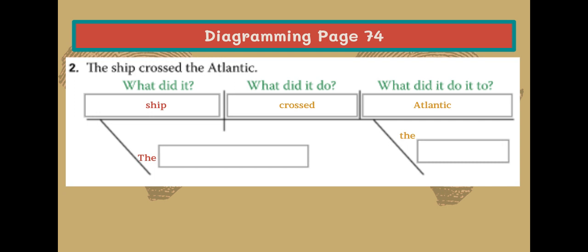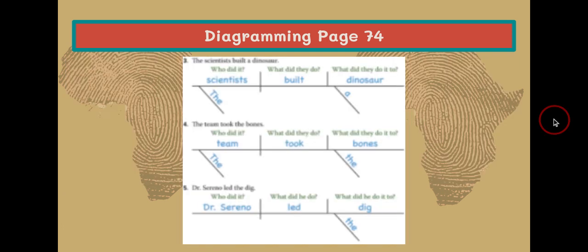Number 5, Dr. Sereno led the dig. I'm going to give you about 5 minutes to complete those 3 items. Now let's look at the answers. Check and make sure that your answers match the answers on the board.